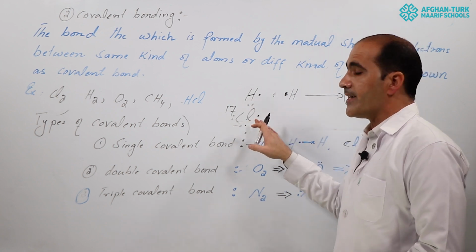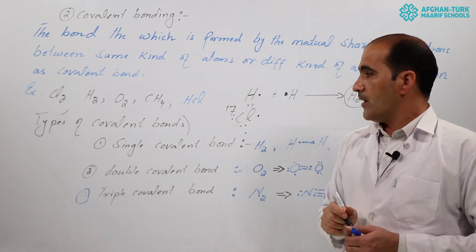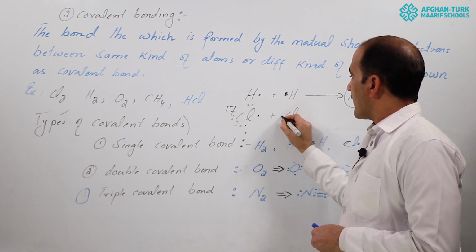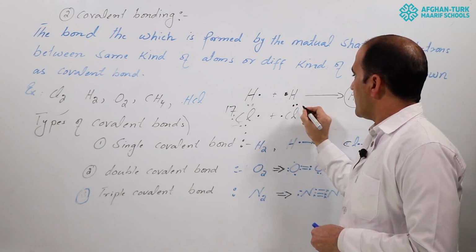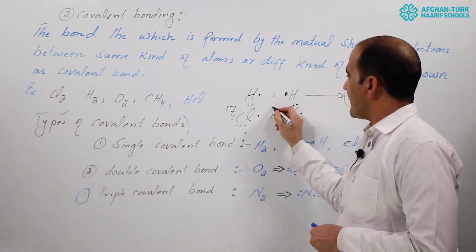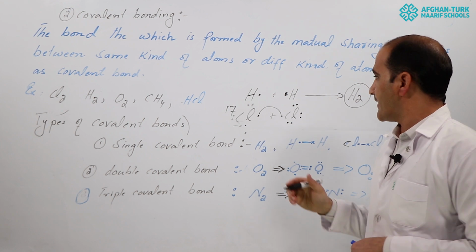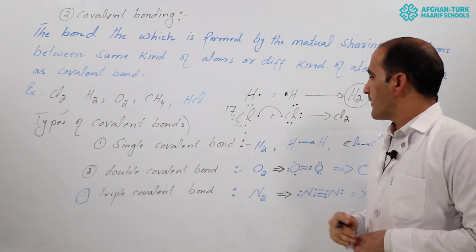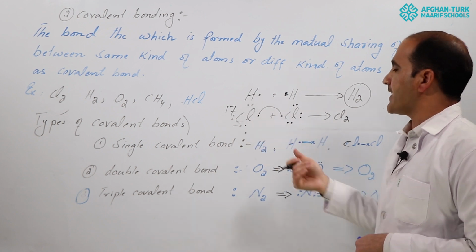Because it has 7 electrons and needs 1 more electron. So another chlorine atom will come over here and share 1 electron with that chlorine atom. When they share 1 electron with each other, a Cl2 molecule will be formed. This is the example of a single covalent bond.